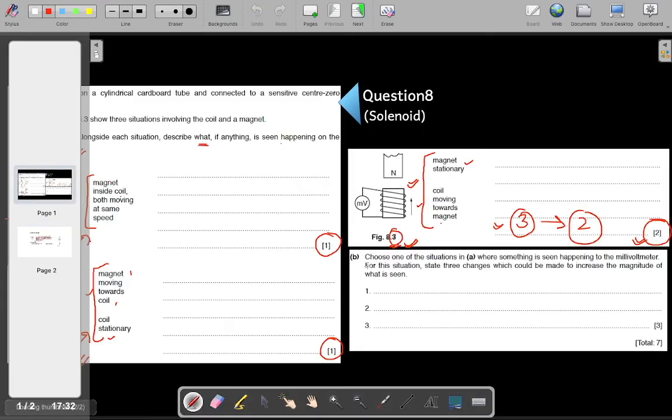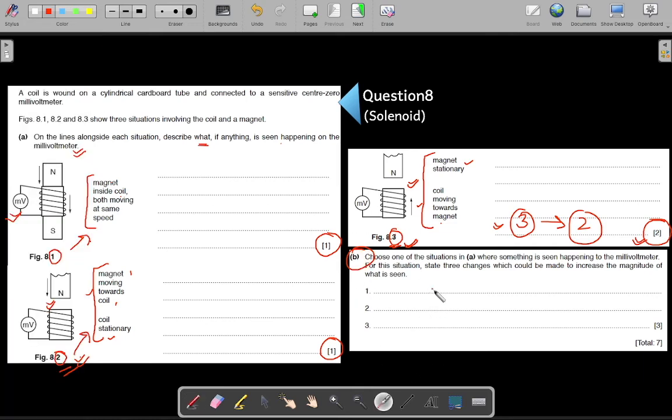Alright, so let's come to the next part, which is part B. Choose one of the situations in A where something is seen happening to the voltmeter. For this situation, state 3 changes which could be made to increase the magnitude of what is seen. So choose one of the situations.